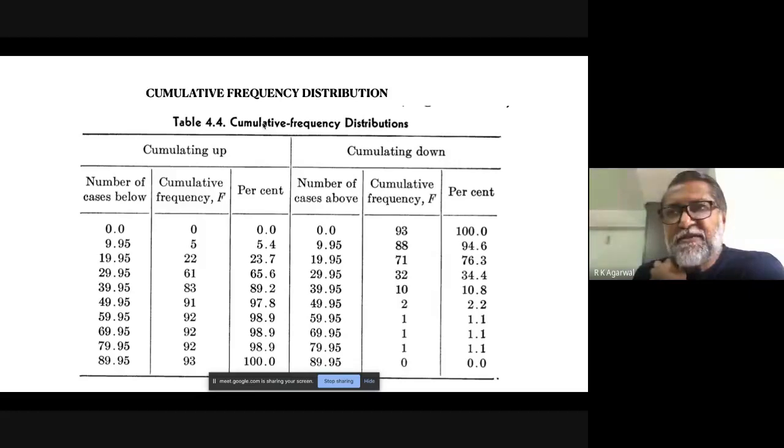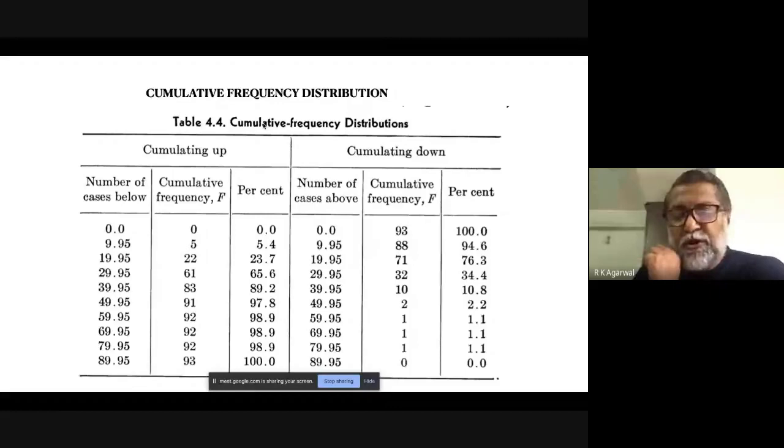Then I also thought that I'll tell you how we construct the frequency distribution, because directly we don't do so. We have to first arrange data in ascending order or descending order. Then we have to count the number of times a certain value has occurred, and then classify it.